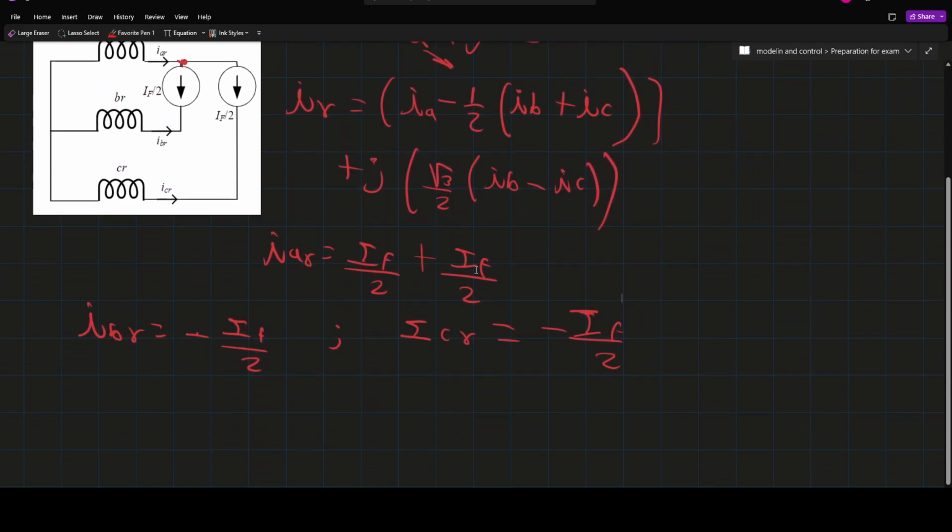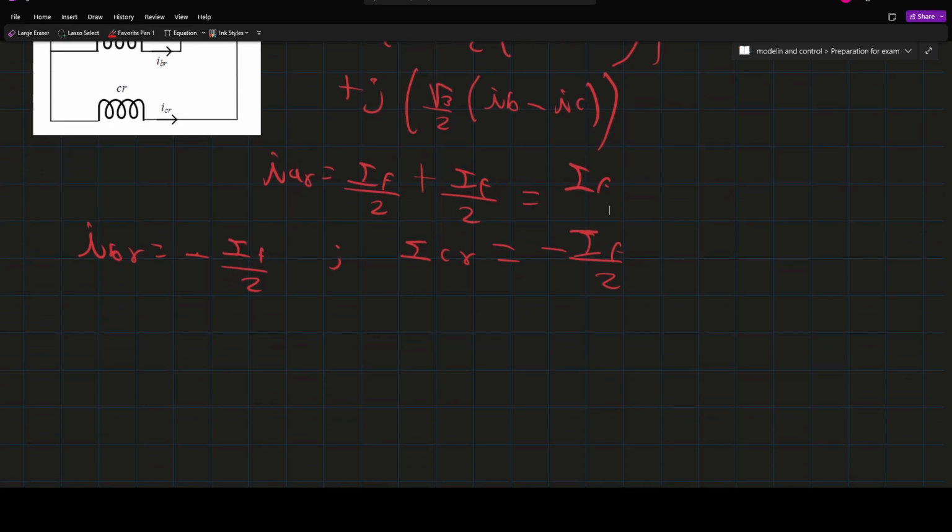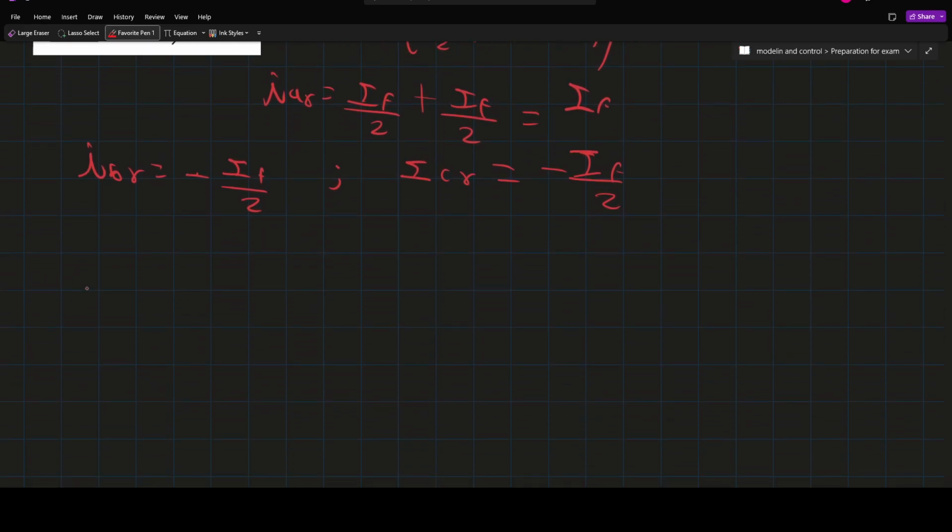So we just need to make a fit. Whenever we see IA, we are going to say that we have IF. IB is going to be minus IF half, and the same with IC. So our IR space phasor is going to be IF minus 1/2 multiplying minus IF half, minus IF half.